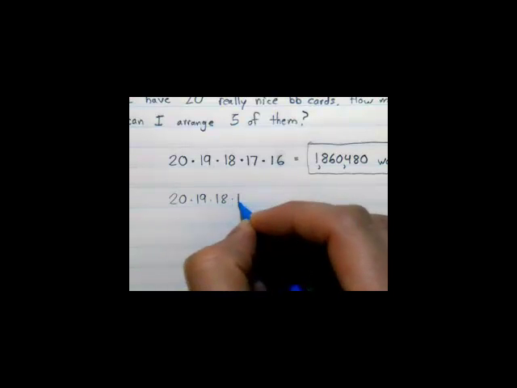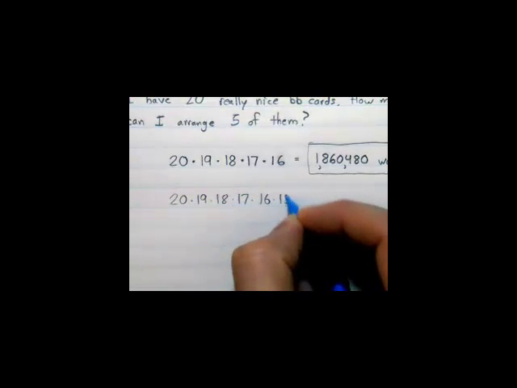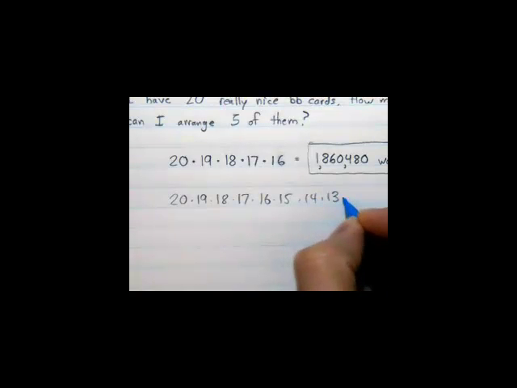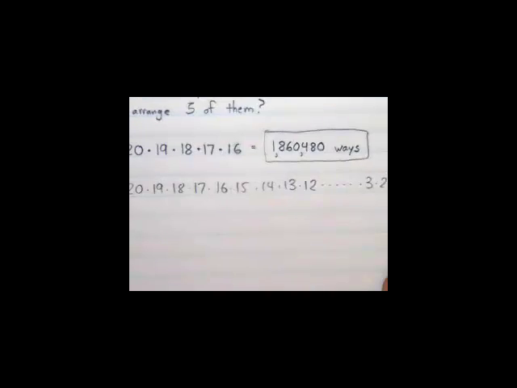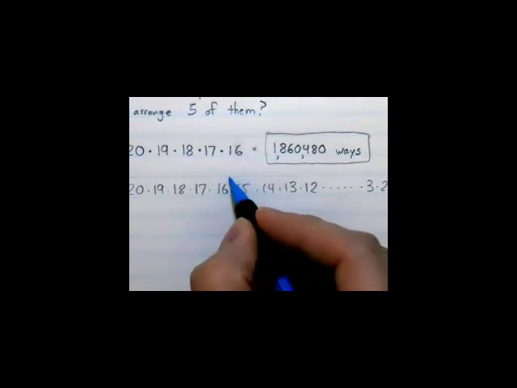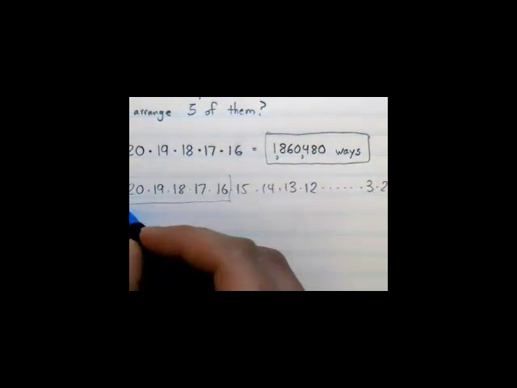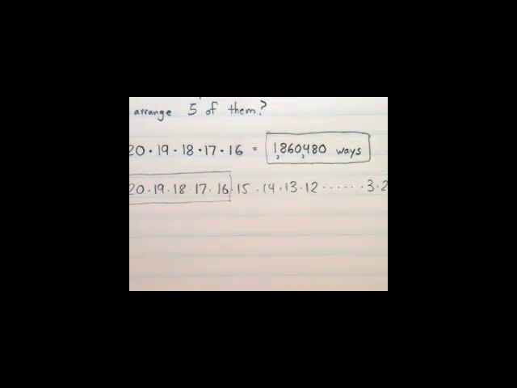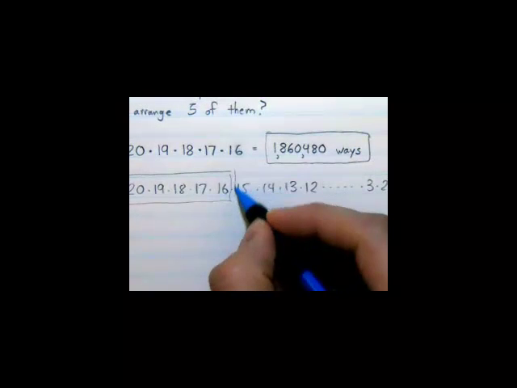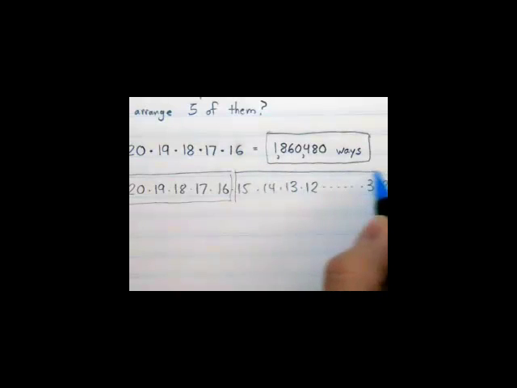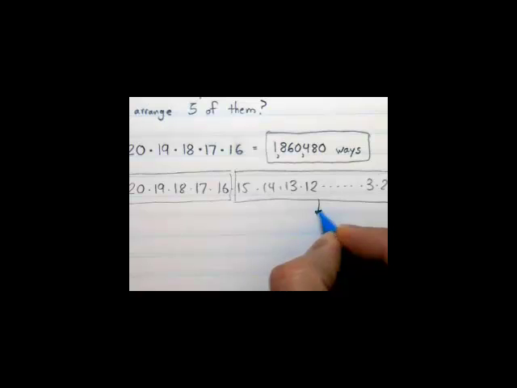On the entire product, all the way down to 1, we only took that part of it. We left off all of this. Well, what is all of that?